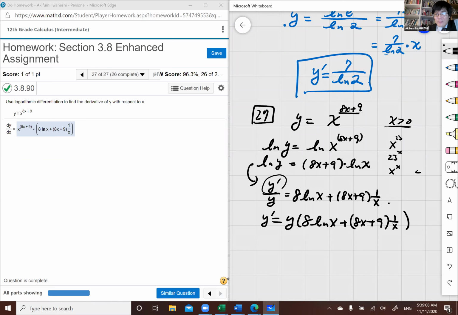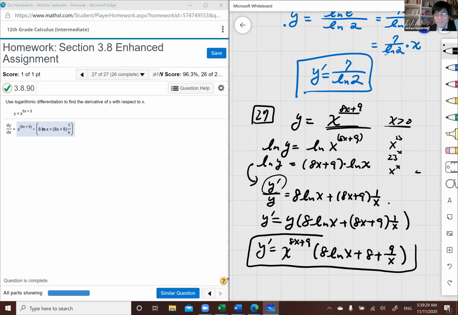Okay. Now y you can return into this. You want to have answer in single variable rather than combination of x and y. So bring back y into x. The answer is x to the power of 8x plus 9, 8 ln x plus 8 plus 9 over x. Okay.